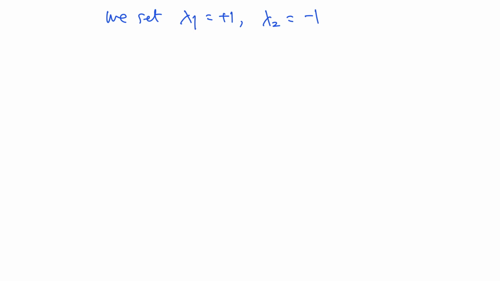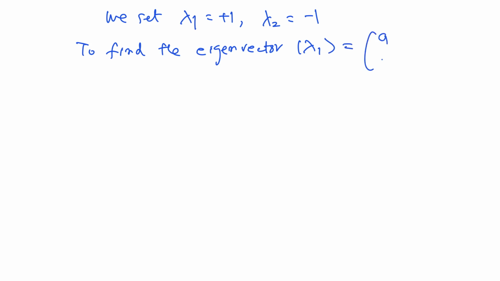So to find the eigenvector for lambda 1, we set maybe A and B. In this case, A and B are in general complex numbers. This means they are in the set of complex numbers.